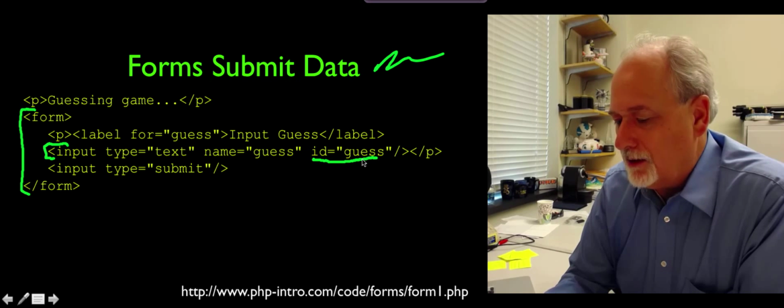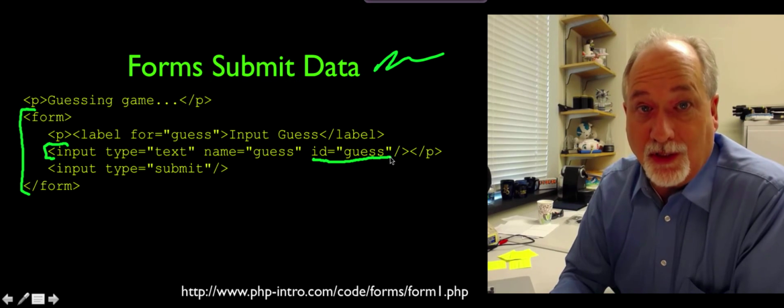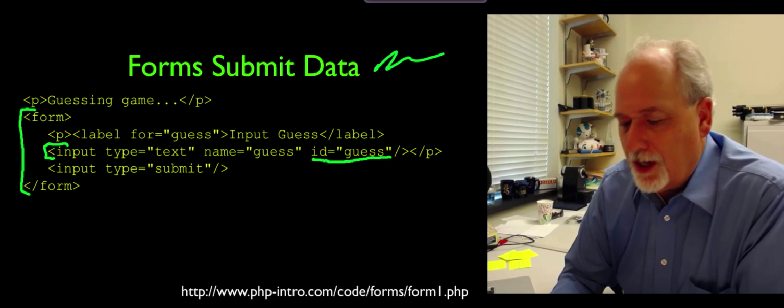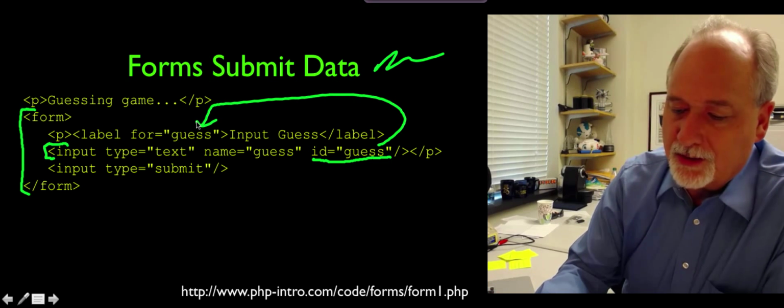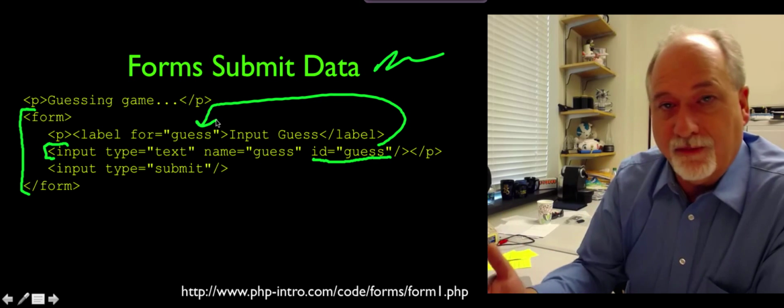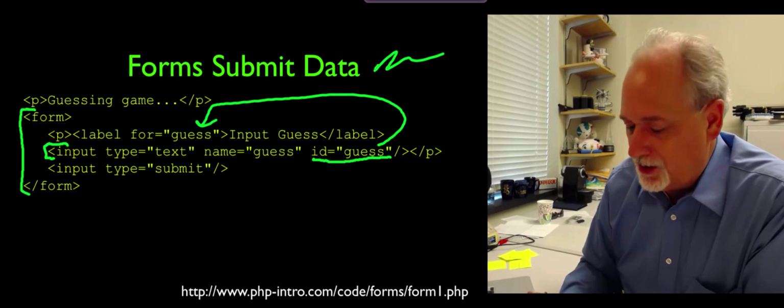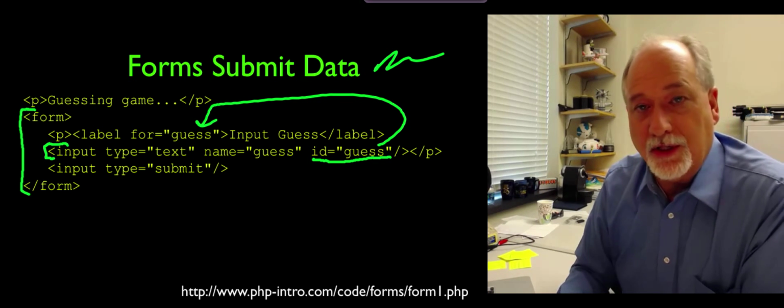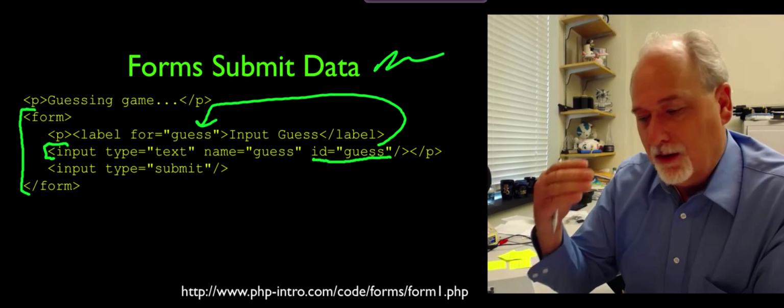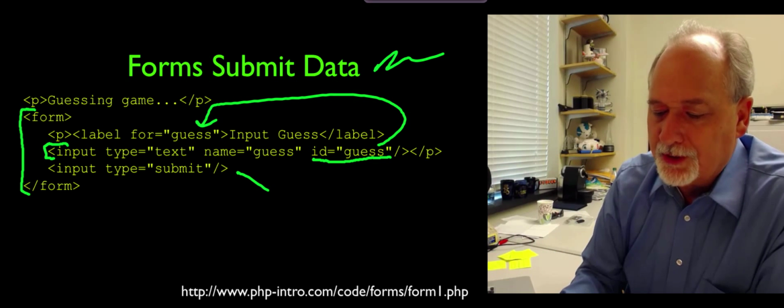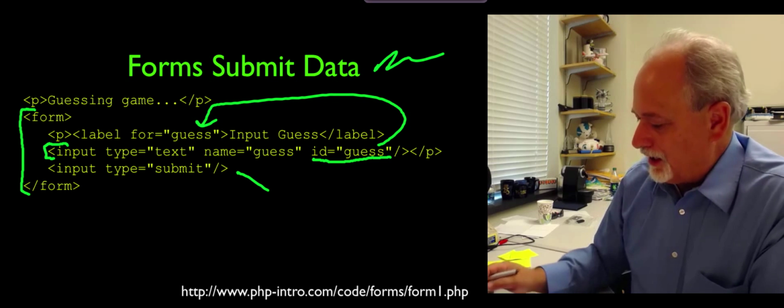The ID doesn't have anything to do with PHP; it has to do with CSS and is a way to match things within the HTML document. ID is an HTML thing, but name equals is the place where the data gets sent. Input type submit says that there is a button.